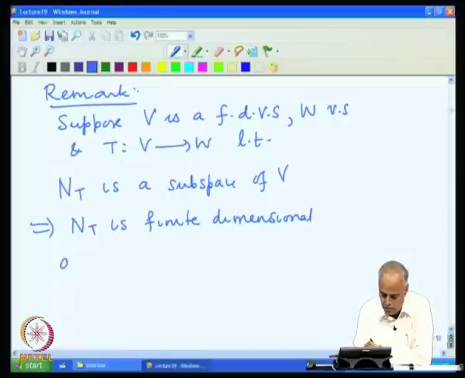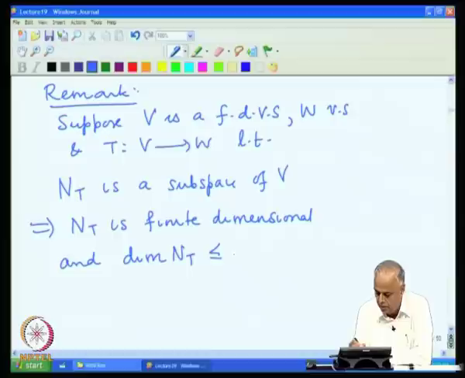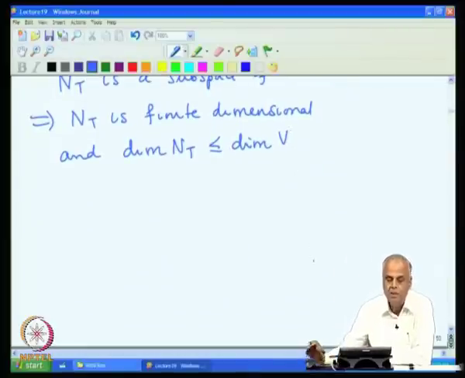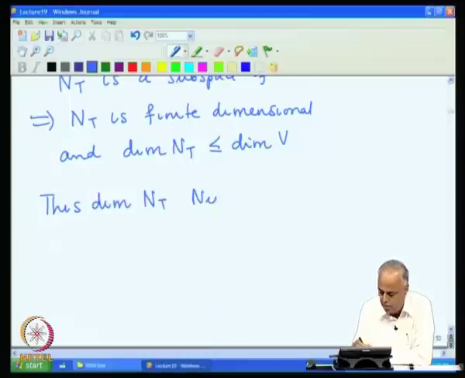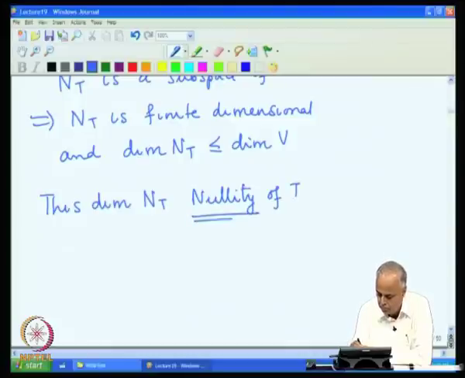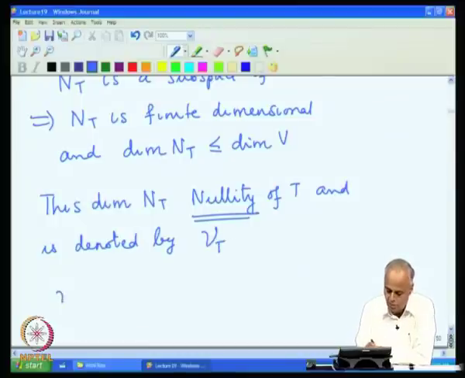and dimension of NT is less than or equal to dimension of V, because it is a part of V. This dimension is called the nullity of T, and is denoted by say nu of T. So, what do we have?